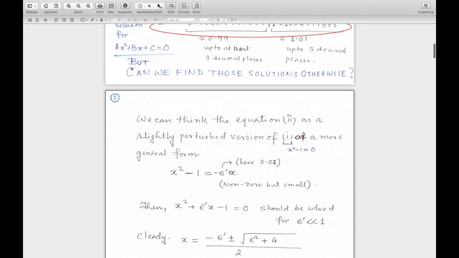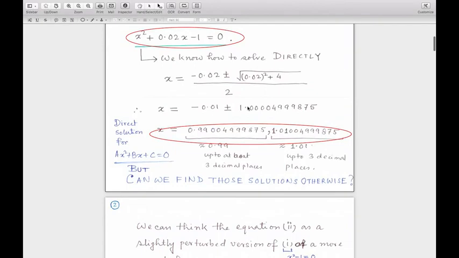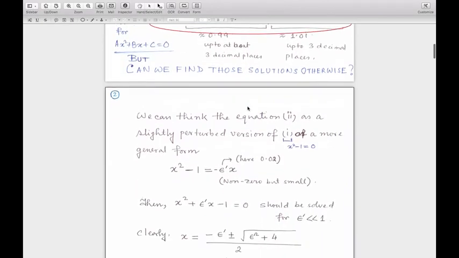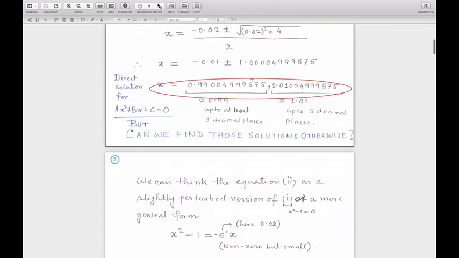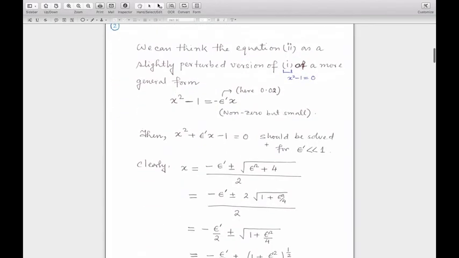Then I will check which property the direct solution can have for an arbitrarily small epsilon prime.